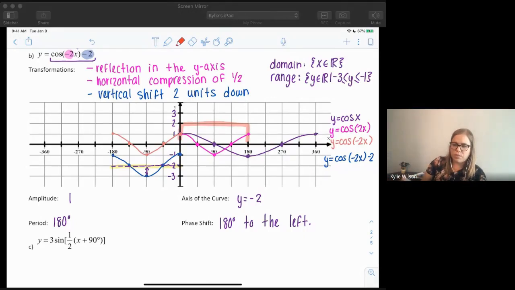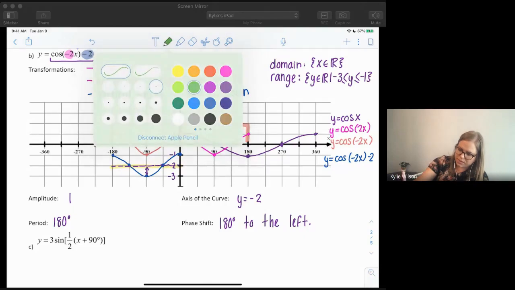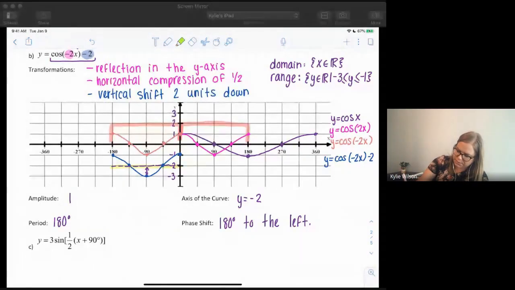Then when I flipped it in the y-axis, I moved it over here, which took this point and shifted it basically over here. So if I look at the picture, it's like I picked it up, moved it over 180, put it back down. So sometimes the K value can appear as a phase shift on my graph, even though I just flipped it over there. Yeah. Okay, one more example, and then you'll have some time to practice these.